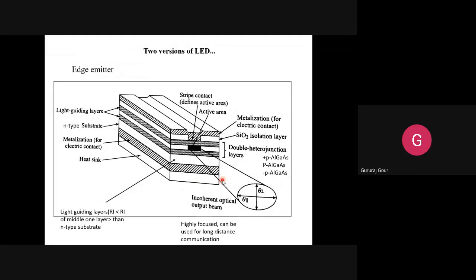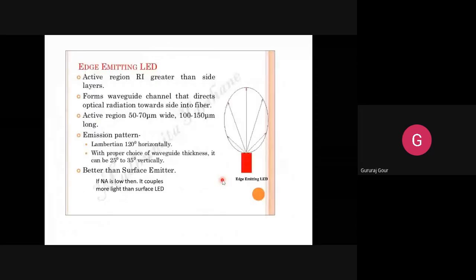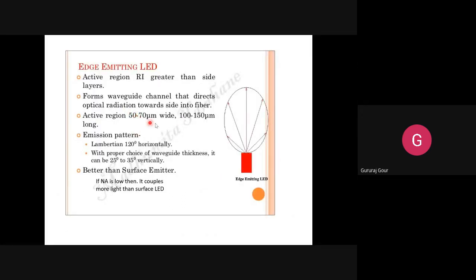As far as the operational aspects are concerned, the active region is going to be 50 to 70 micrometer wide with 100 to 150 micrometer long. The emission pattern is Lambertian, 120 degrees horizontally. With the proper choice of waveguide thickness, you will get 25 to 35 degrees vertically, so you get a concentrated beam.